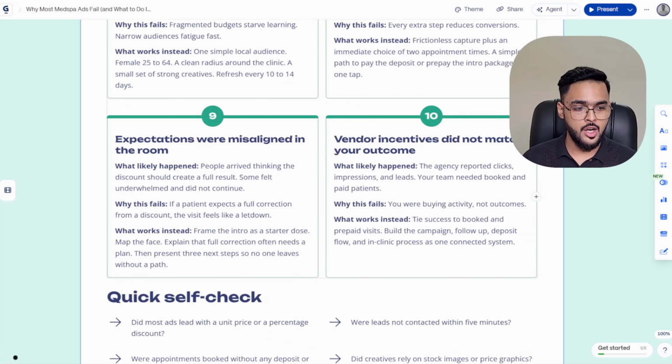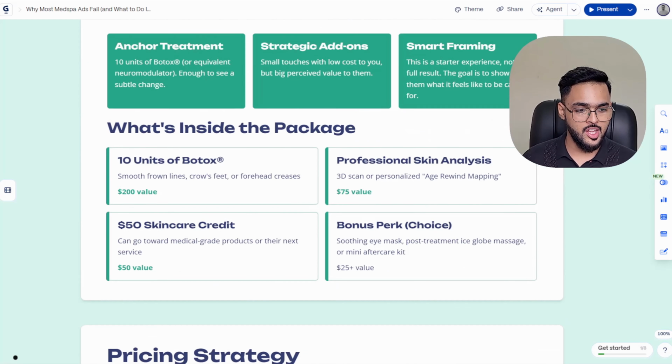So I'll show you an example of the turn back time talks package. Inside the package, there's 10 units of Botox, a professional skin analysis, which is a dressed up fancy way to say consultation, a $50 skincare credit, and some sort of bonus that costs you very little to deliver but still makes the package feel really valuable.